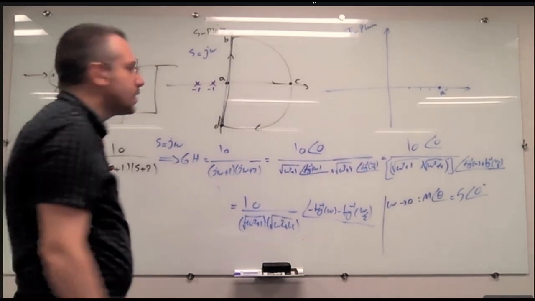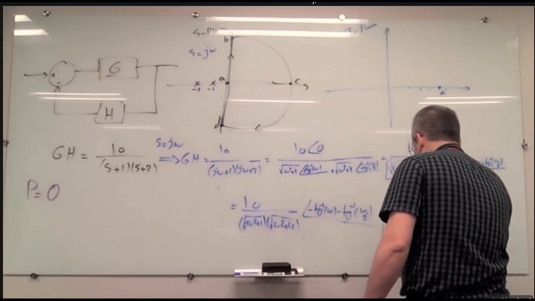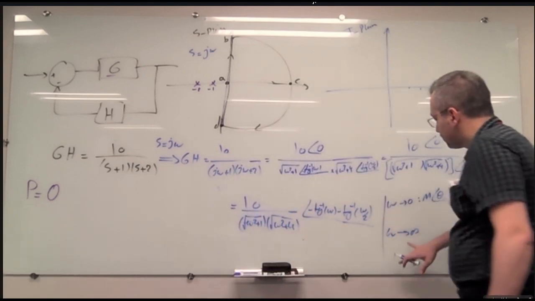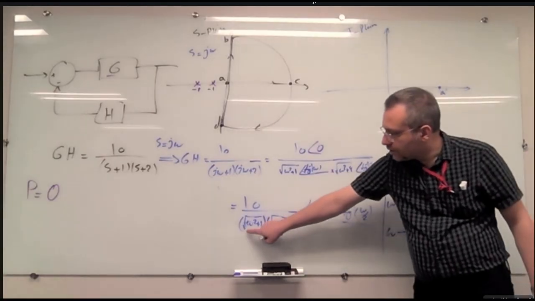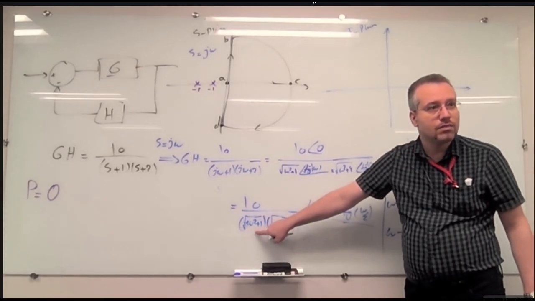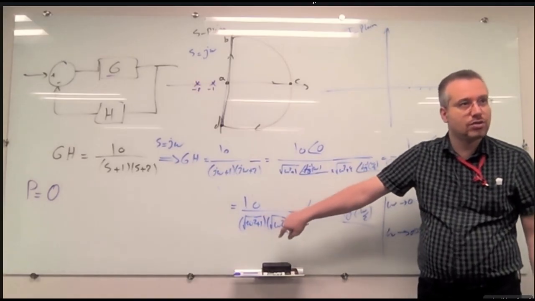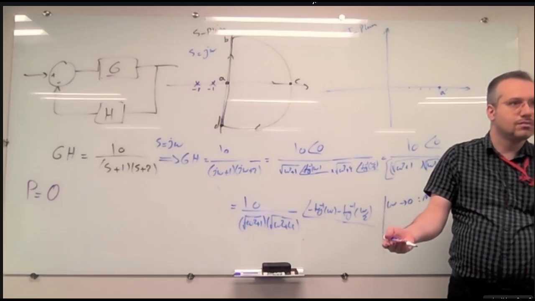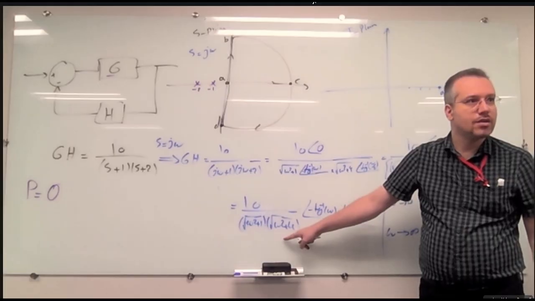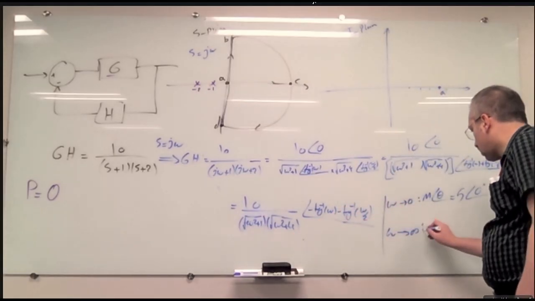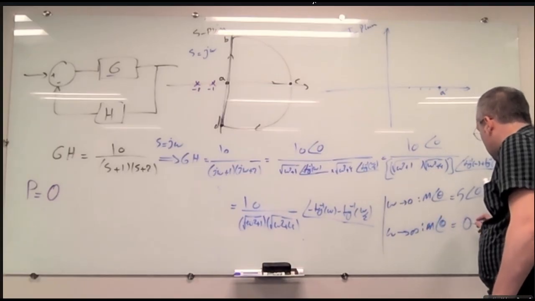So if omega goes to plus infinity, this first term is going to be infinity, the second term is also infinity, so the denominator is basically infinity. Are we good? 10 over infinity is 0. So our M here, the amplitude, is going to be 0.